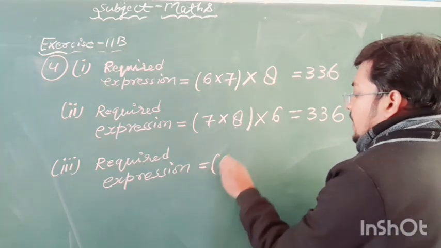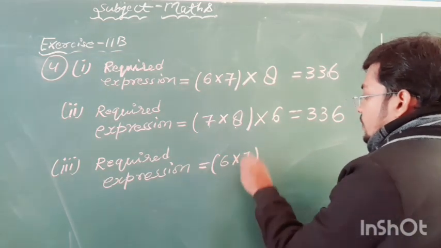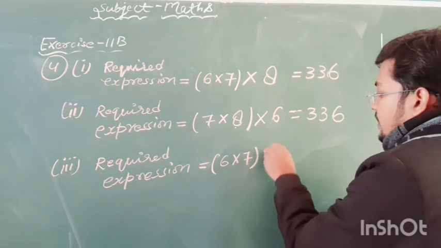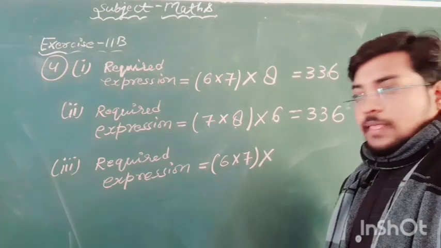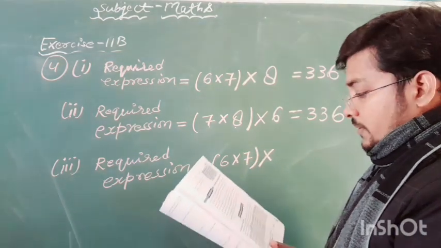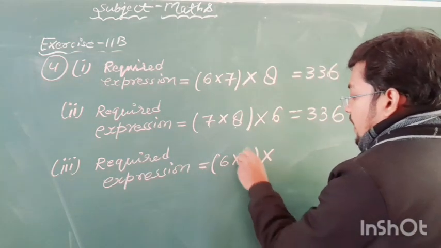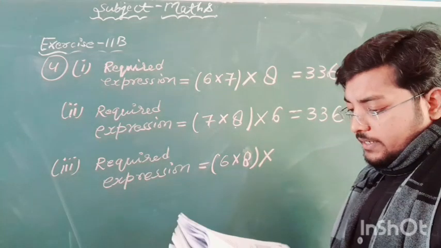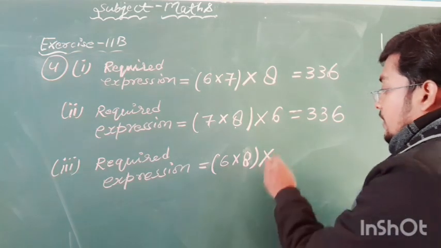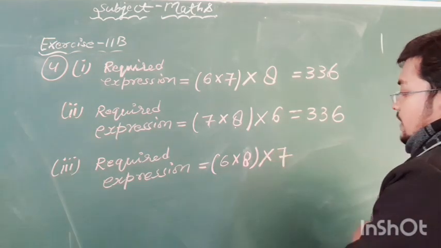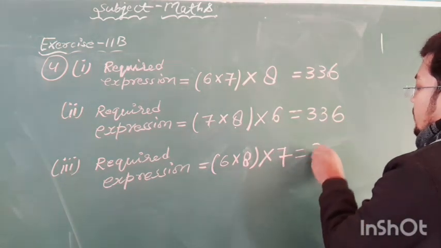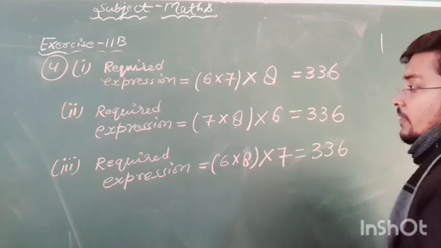So in round bracket we write 6 into 8, and after that multiply by 7, which is also equal to 336.